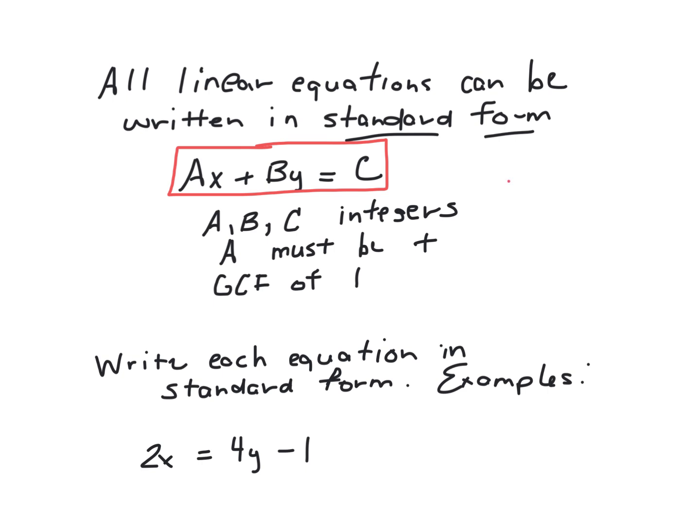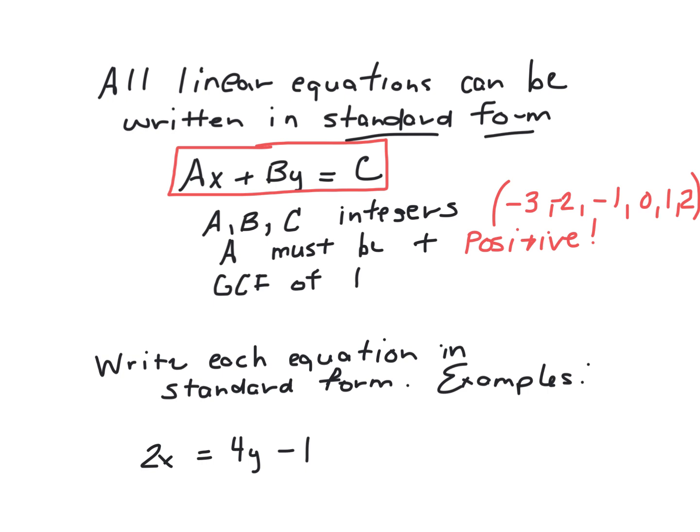Remember that integers are numbers like -3, -2, -1, 0, 1, 2, and so on. So it cannot be a fraction, a decimal. It can be negative, it can be 0. The a value must be positive. We must have a positive a value for it to be in standard form.